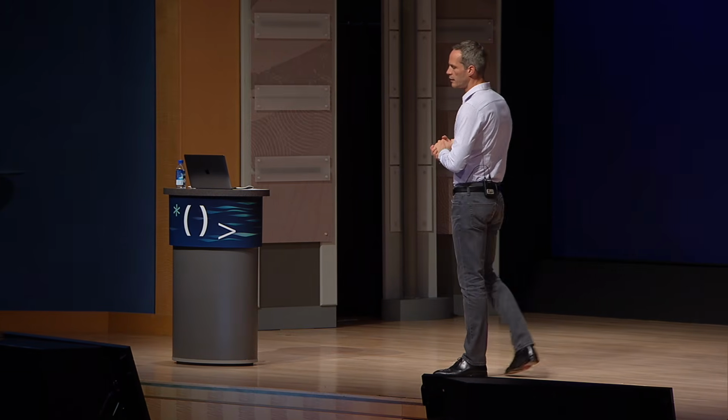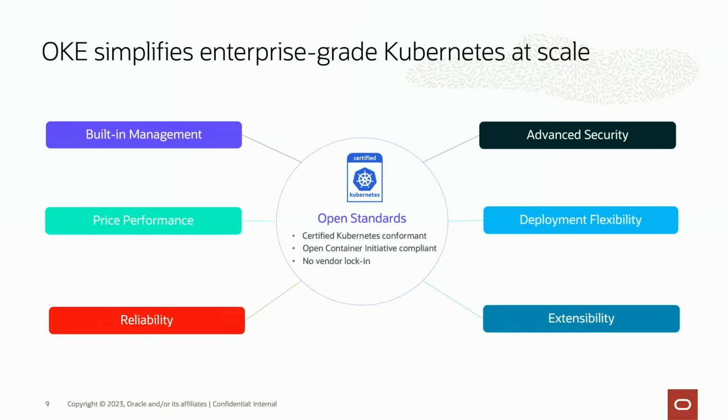So OKE is built on an open standard. The Kubernetes distribution that we use is open source, is CNCF compliant. So you have exactly the same code. It's not a forked project. It's exactly the same Kubernetes that CNCF publishes. In addition, you get a container registry that is Open Container Initiative compliant.